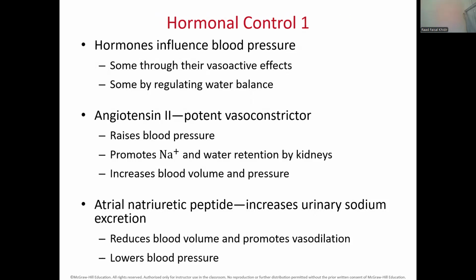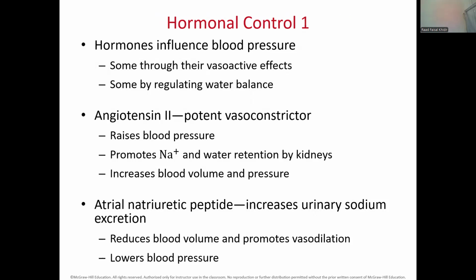And then you have ANP, atrial natriuretic peptide. Atrial natriuretic peptide is the opposite of angiotensin 2. Angiotensin 2 is going to restore blood pressure after it dropped, while ANP is going to repair blood pressure after it has increased.